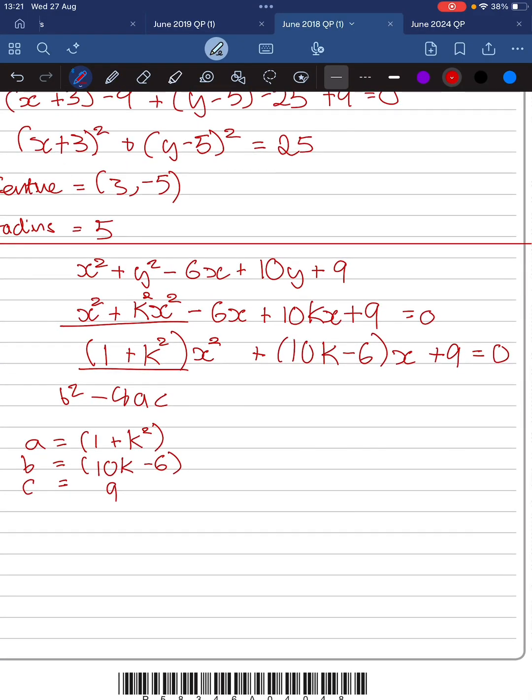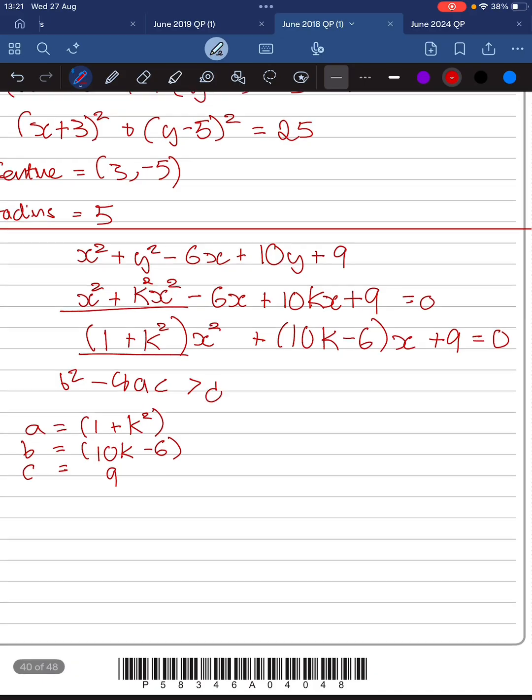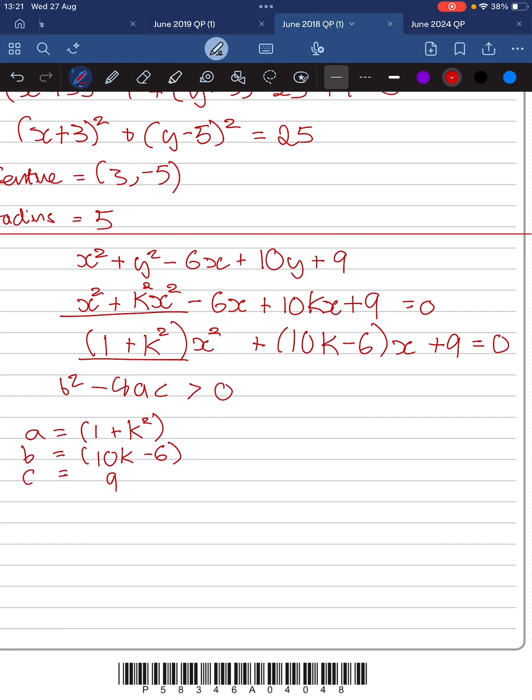And if we plug in them values, and by the way, we would know it's greater than 0 because there's two solutions because it hits two distinct points. Okay? We would get 10k minus 6 squared minus 4, 1 plus k squared, that is 9.